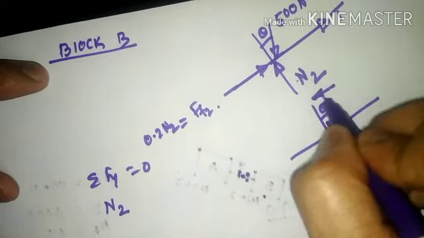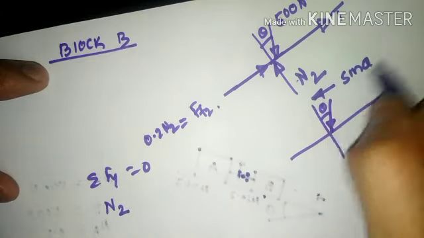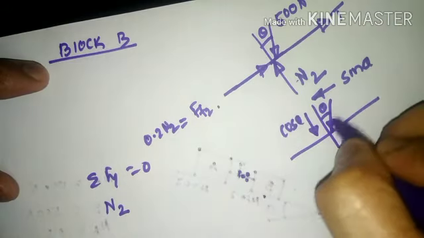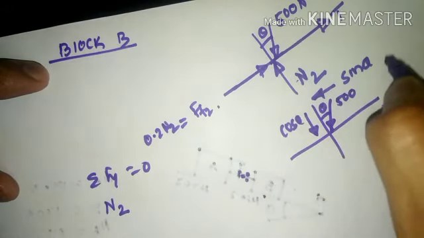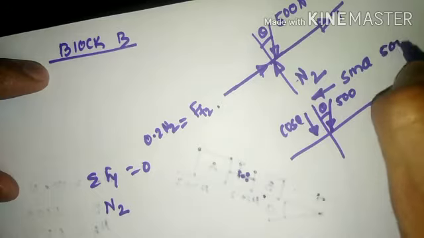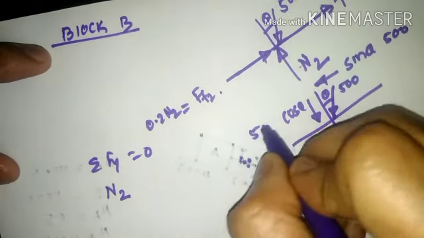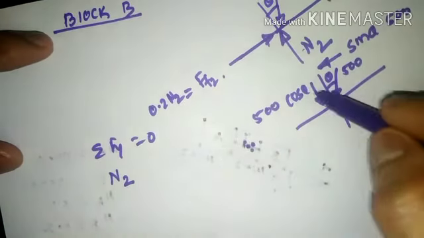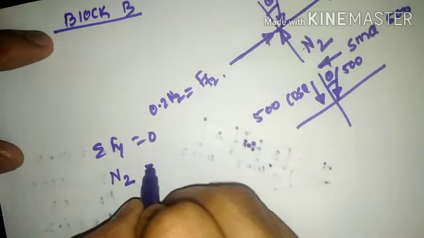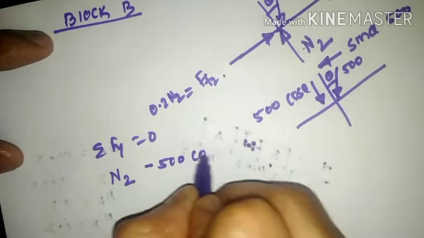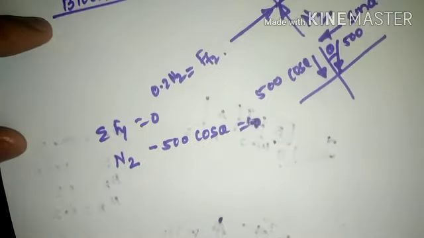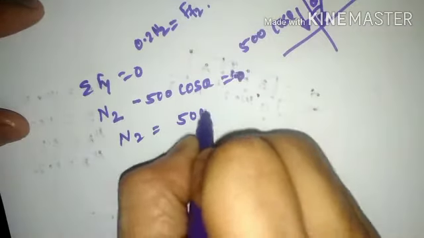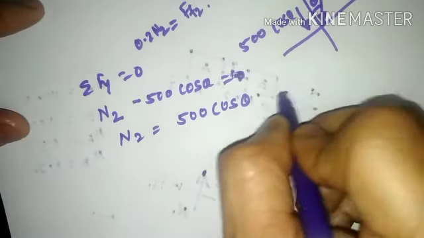It will have a horizontal component of 500 sine theta and a vertical component of 500 cos of theta. As N2 is upward, positive, and this force is downward, so minus 500 cos of theta is equal to 0. So N2 will be equal to 500 cos of theta. This is equation number 4.